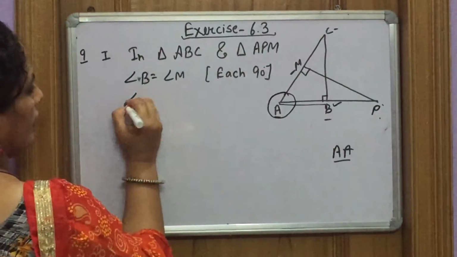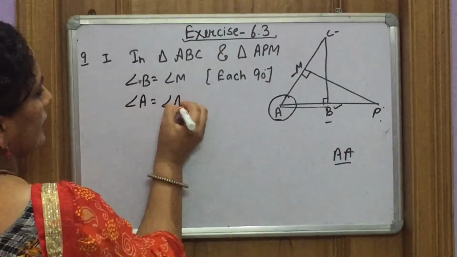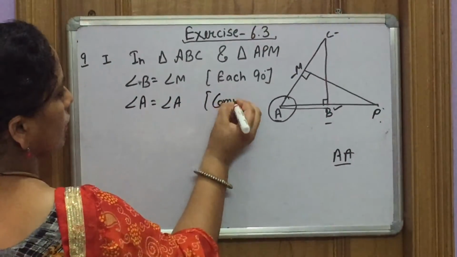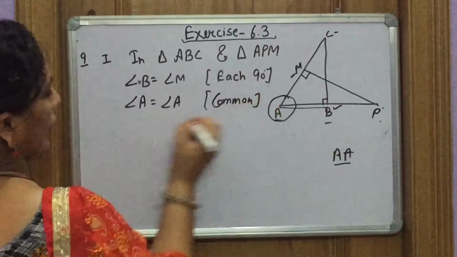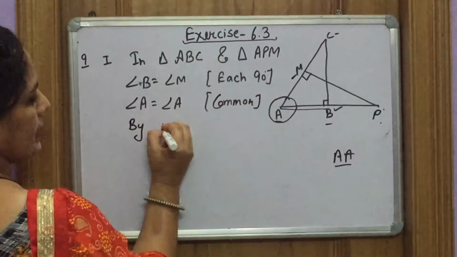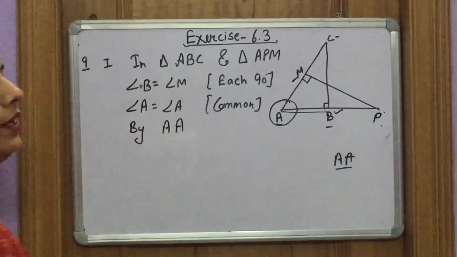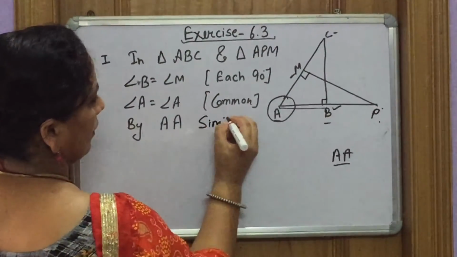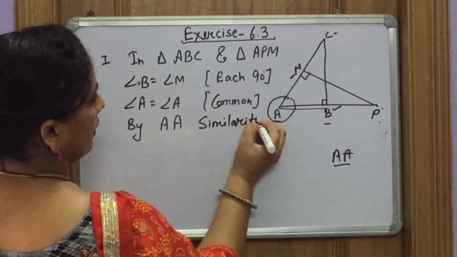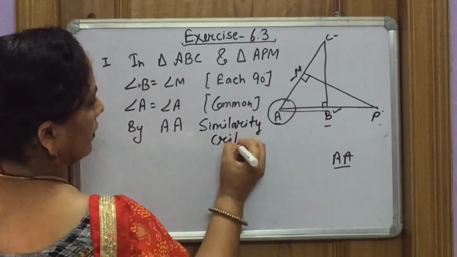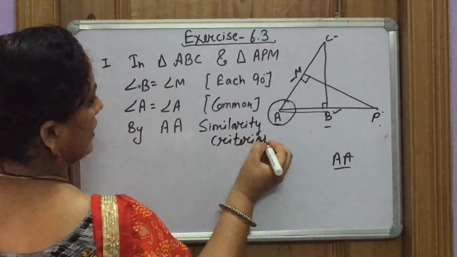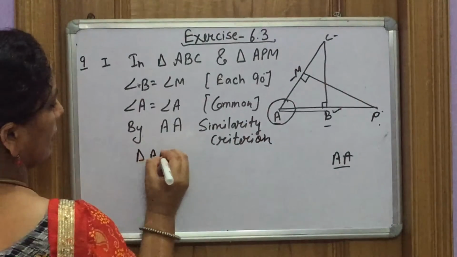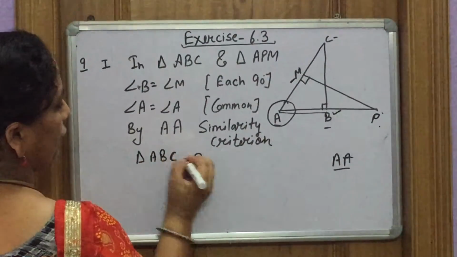So we can say that angle A is equal because this is common in both of the triangles. So by angle similarity criteria, these triangles are similar. So this is our first part.